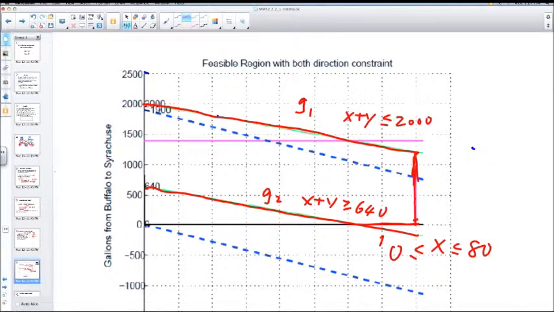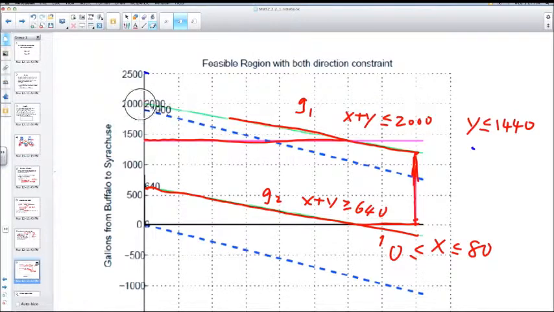And then we have another one. The y must be less than 1440. This is this line. Okay, then let's erase this piece we don't need, and erase this a little bit.